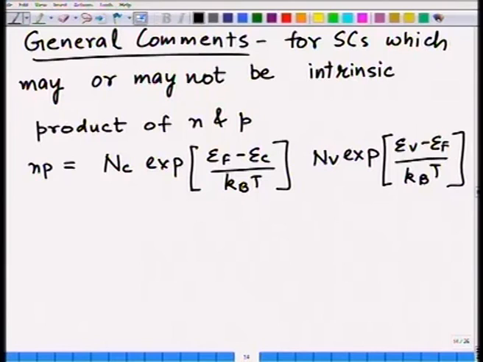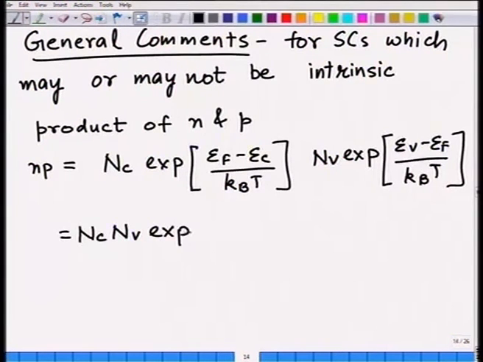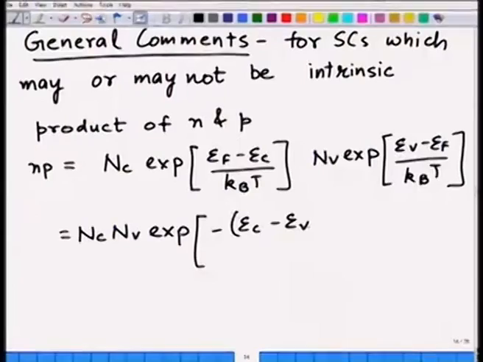We will always assume this in this class from now on, unless specified otherwise. All right. So, let us look at this Nc Nv e to power. Now, Ef will cancel out, and what I am going to get is minus Ec minus Ev by kBT.